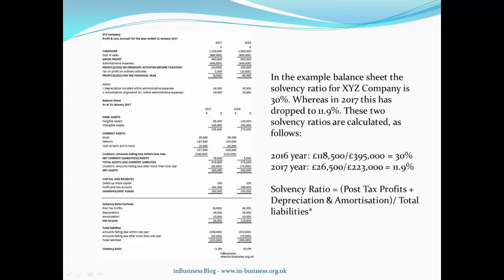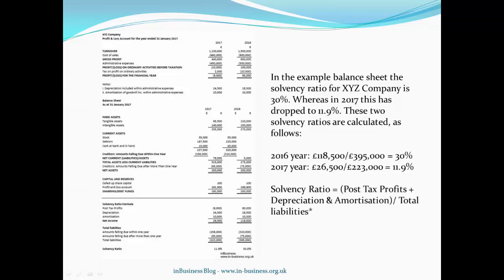The balance sheet solvency ratio for XYZ company is 30% in 2016, but in 2017 it's dropped to 11.9%. And these are calculated, so for the 2016 year the profits were just over £118,000 and the total liabilities for the same year were £395,000, which can be seen on the balance sheet if you look closely, and that is where you get the 30% from.